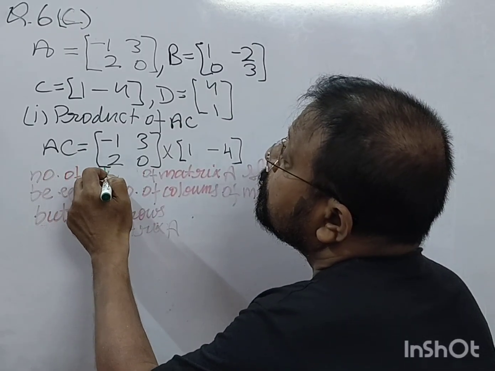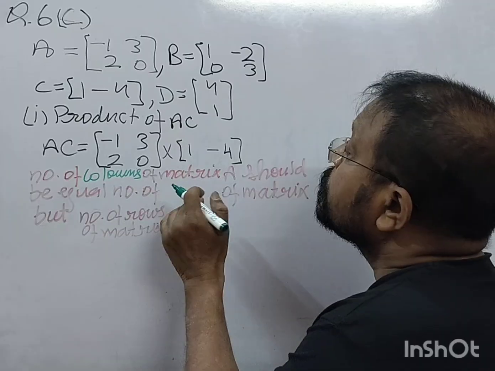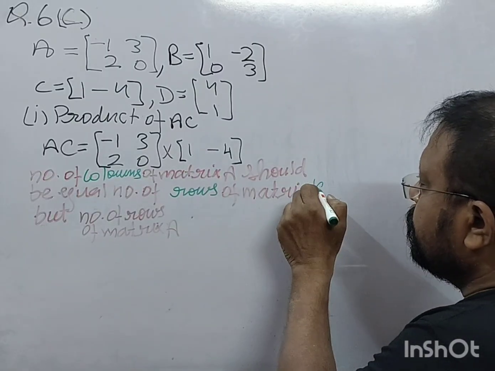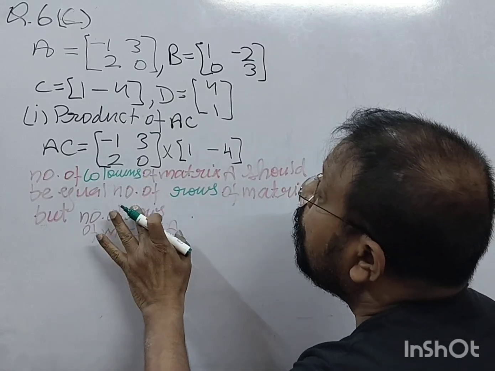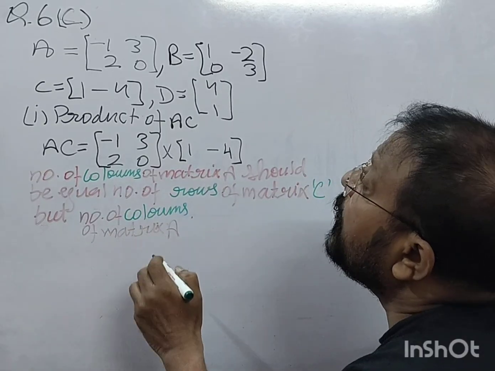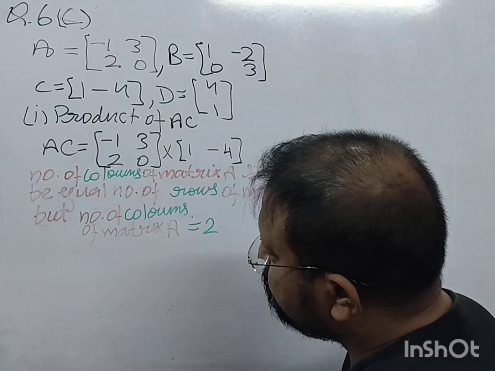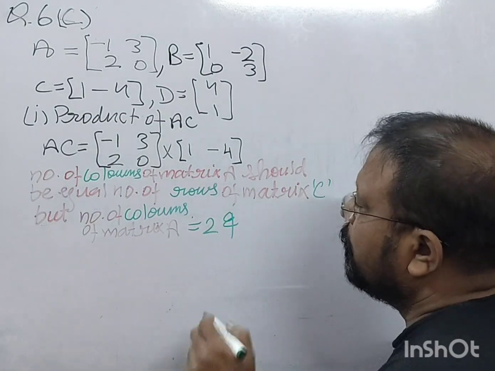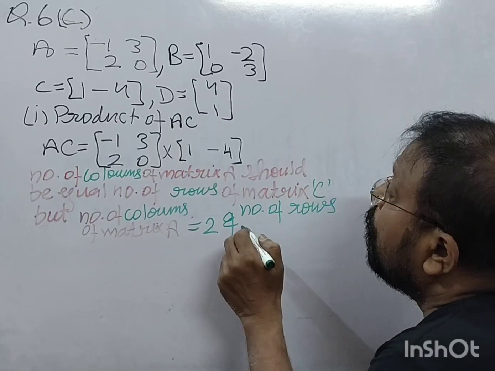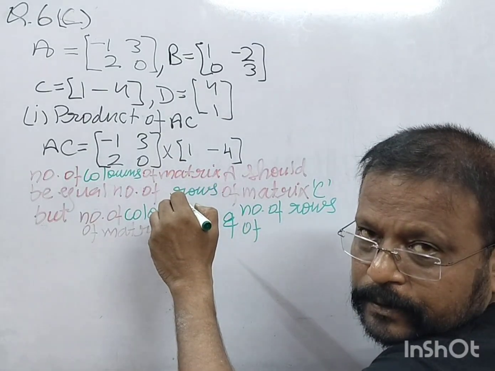Number of columns of matrix A should be equal to number of rows of matrix C. Number of columns of matrix A is equal to 2, and this is row, this is column.